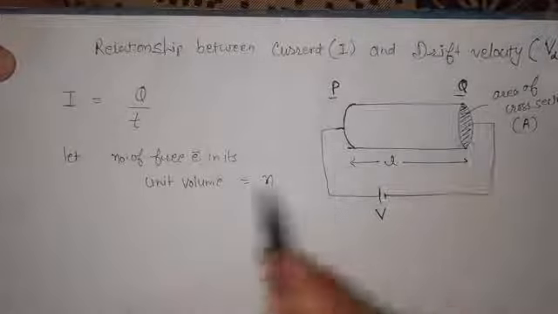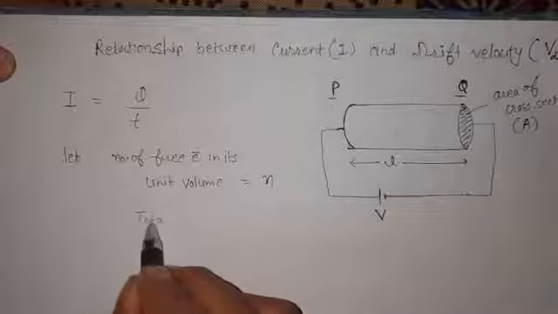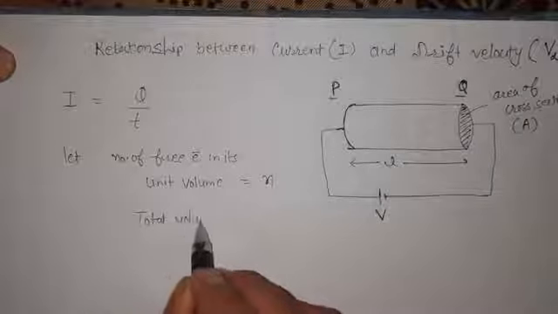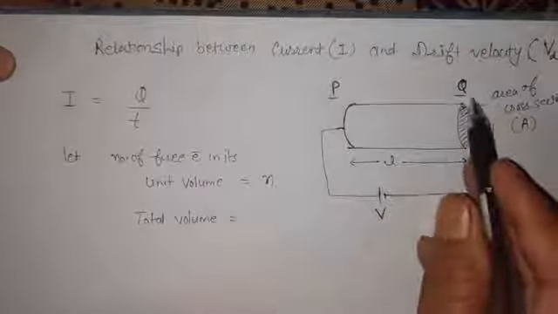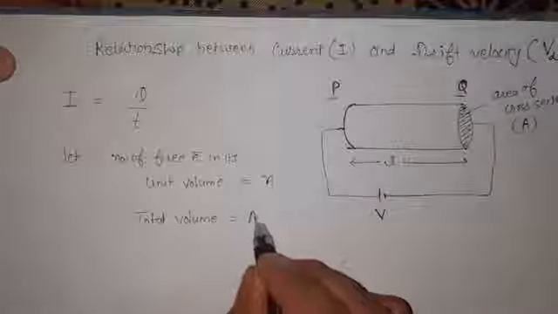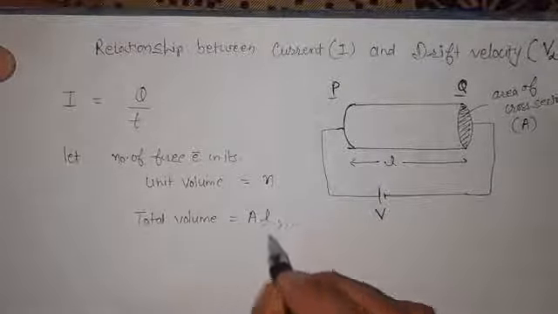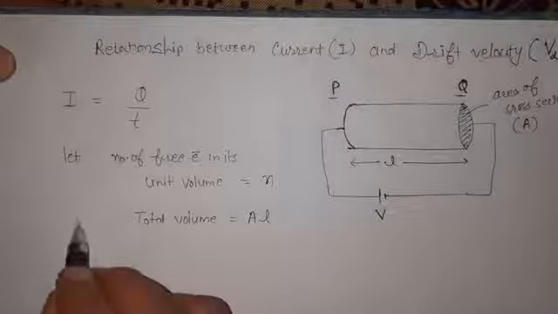So how much is the total volume of this conductor? The total volume is its area of cross section A times its length L, so it is AL. This is the total volume.